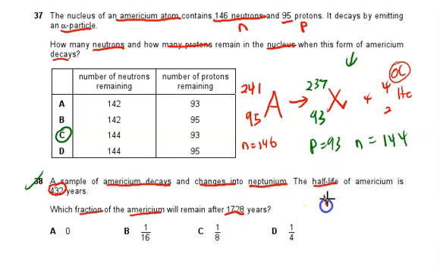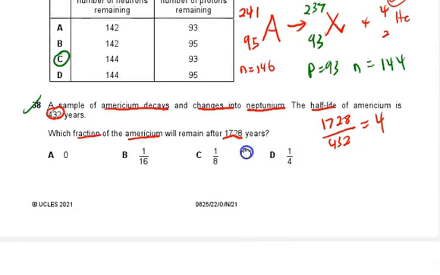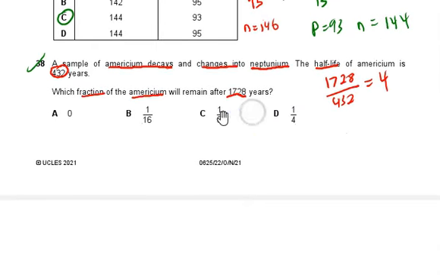So we just have to divide this. How many half-lives is that? So this is about 4 half-lives.